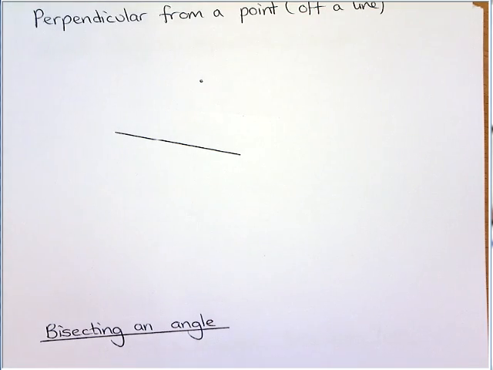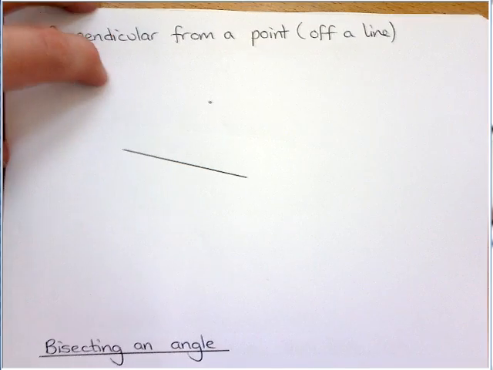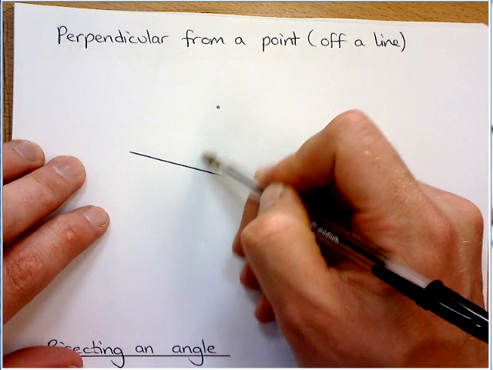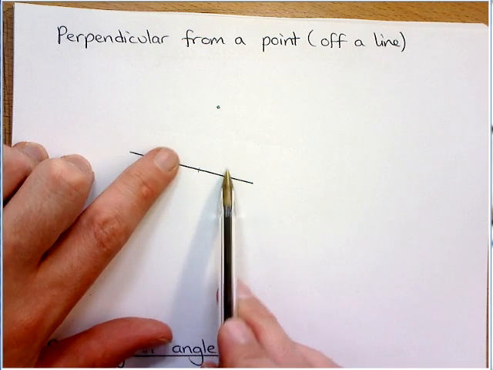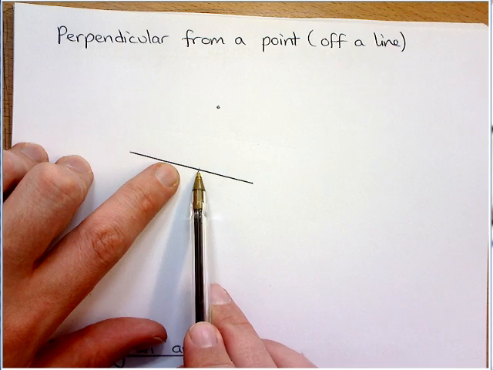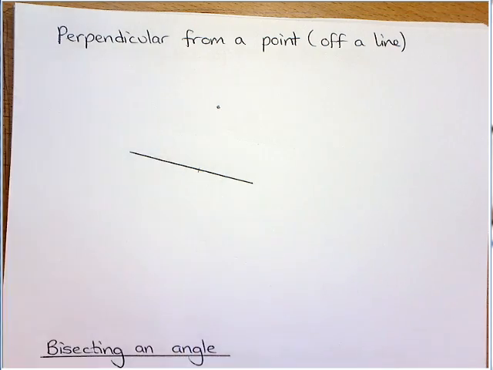Now, if the point is not on the line, we still have to do the same process. If you imagine a perpendicular, it's going to be here. So we still need to create an arc either side, so this point here is in the middle.